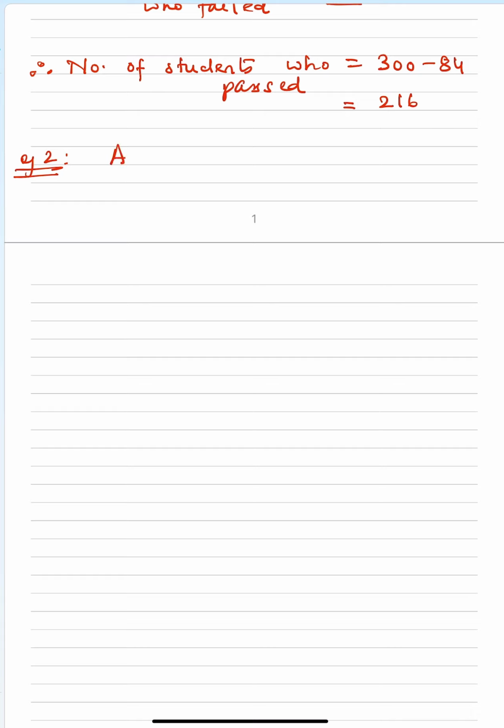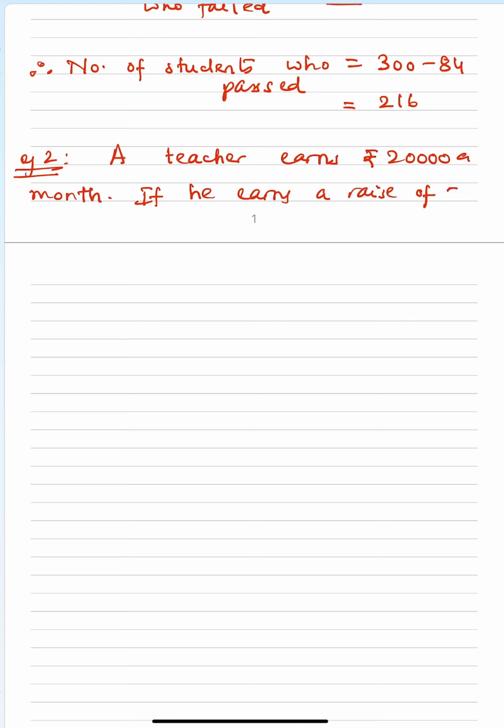Next example. A teacher earns rupees 20,000 a month. If he earns a raise of 15 percentage, find his new monthly income.